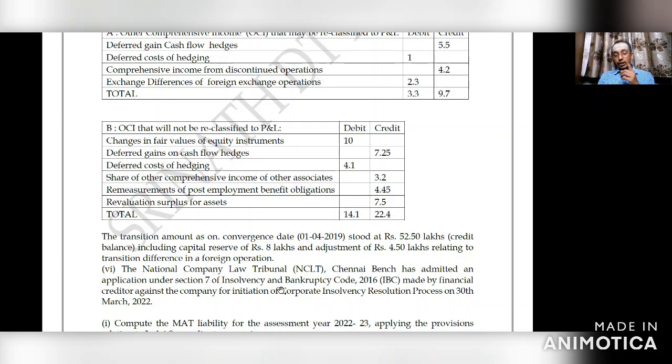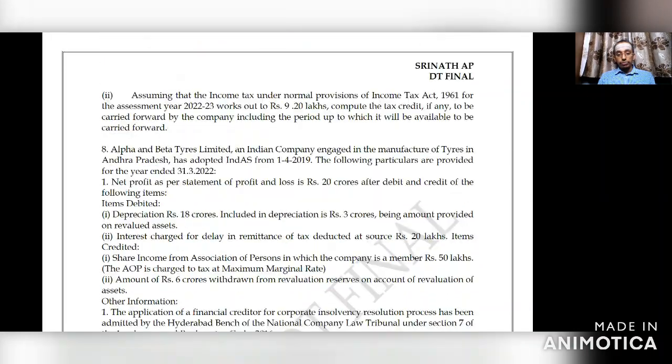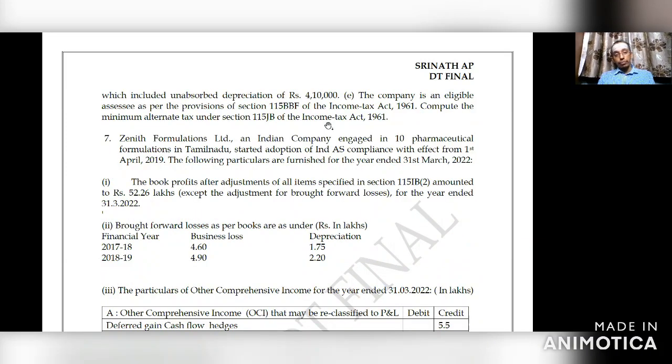Because it has been accepted, you will reduce both unabsorbed depreciation as well as business loss. Compute MAT, assuming the total income tax as per normal provisions works out to 9.2 lakhs. Compute the tax rate and also tell us for which period it can be carried forward.